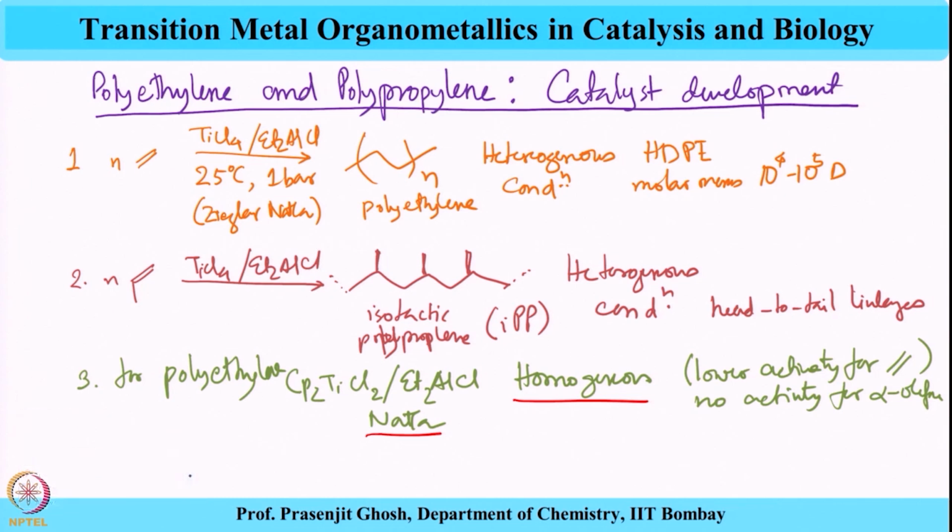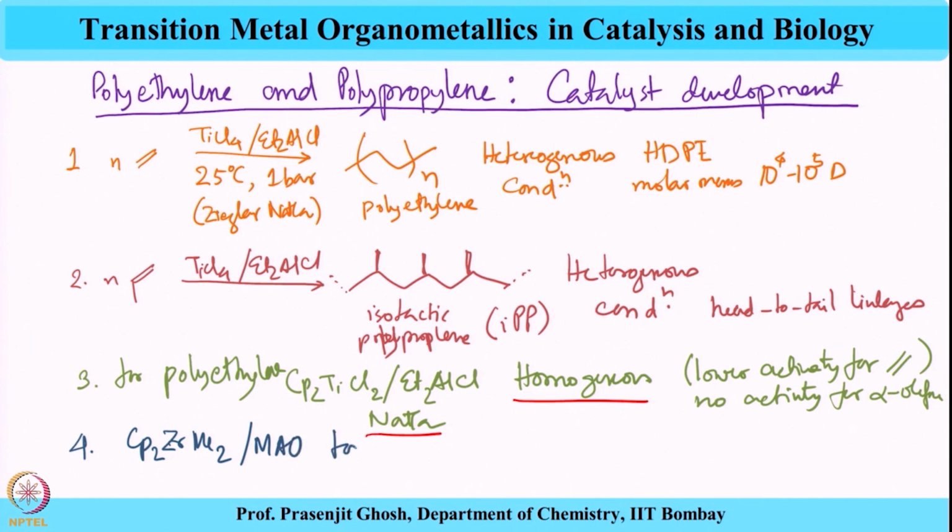Then subsequently Kaminsky produced Cp2 zirconium Me2 MAO.